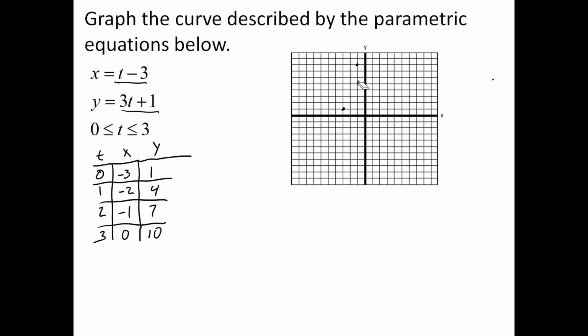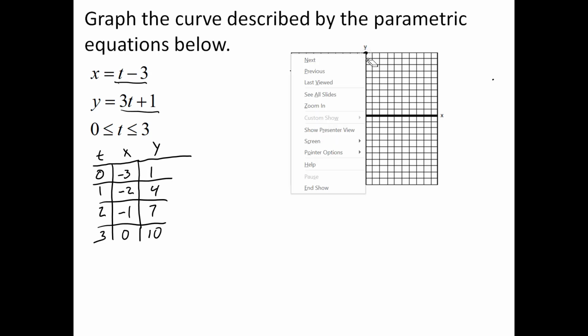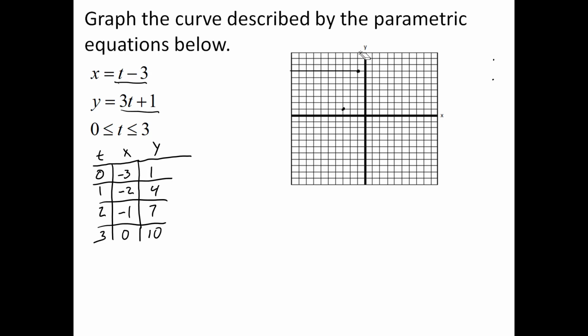And 0, 10. Okay, I missed one, the negative 2, 4.